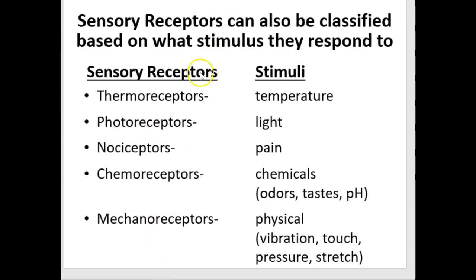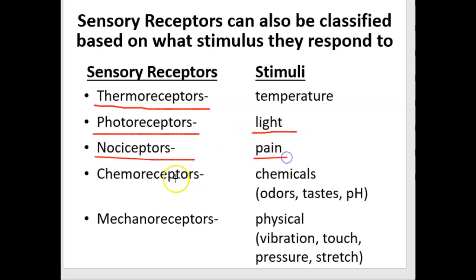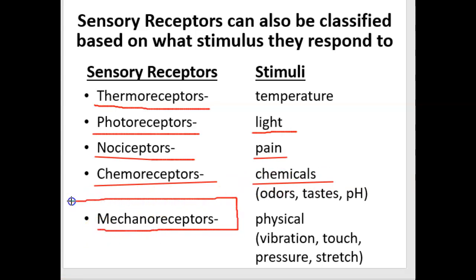Now the skin has different types of sensory receptors. Thermoreceptors detect temperature. The skin doesn't really have a photoreceptor that would detect light. But it does have nociceptors that detect pain and chemoreceptors that detect chemicals. Finally, the skin has what are known as mechanoreceptors.